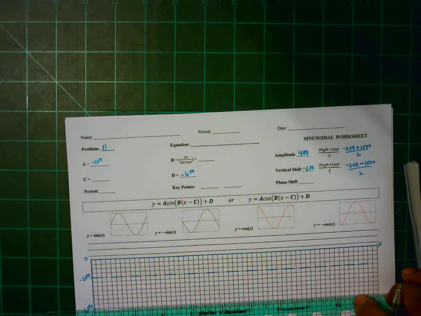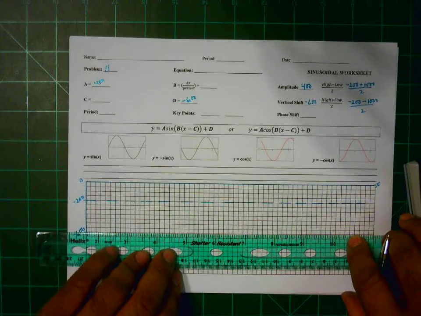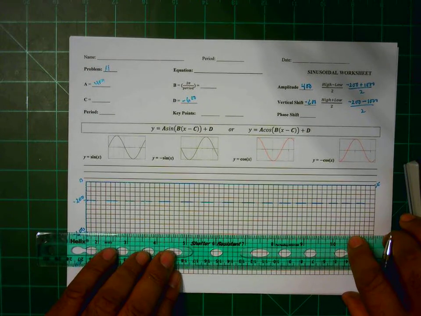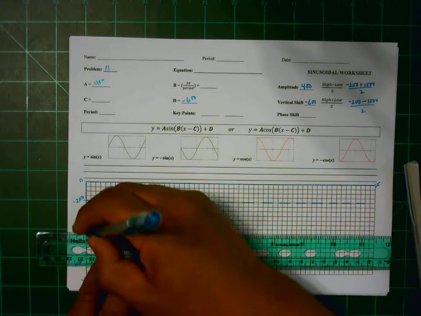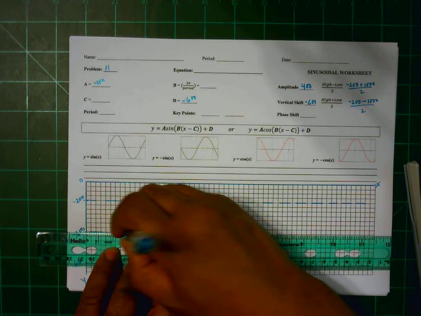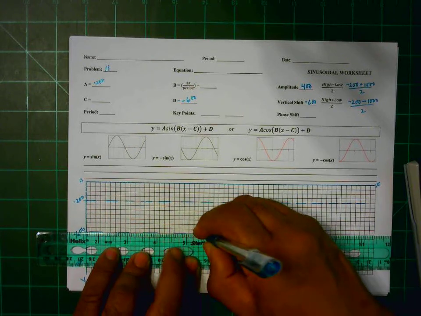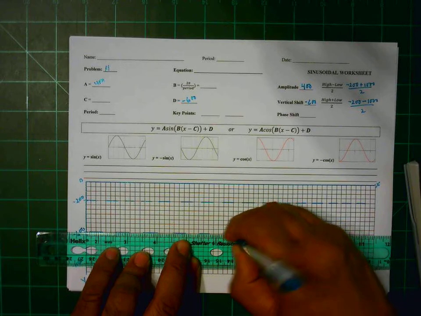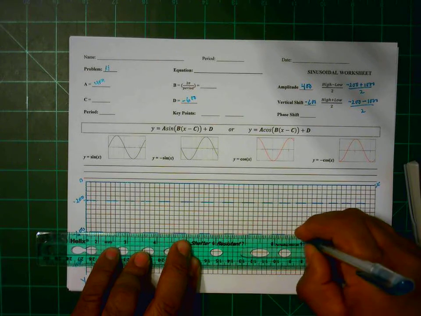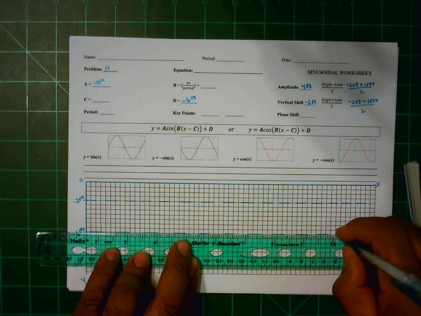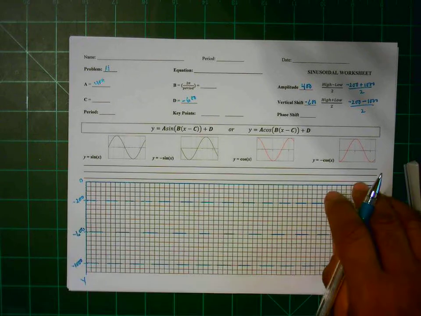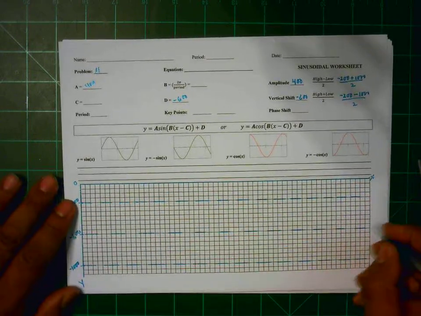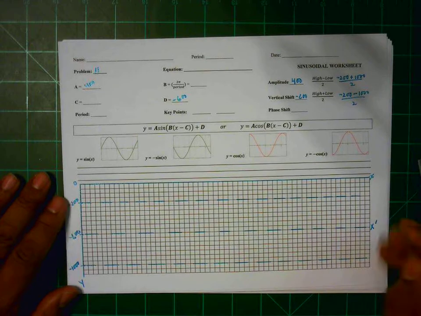Now remember, D is also our new x prime, so let's scoot up a little bit here so you can see this. Okay, so this is now x prime.